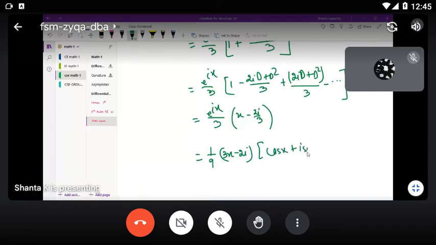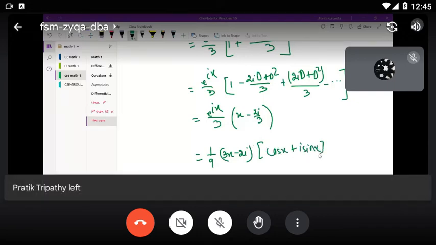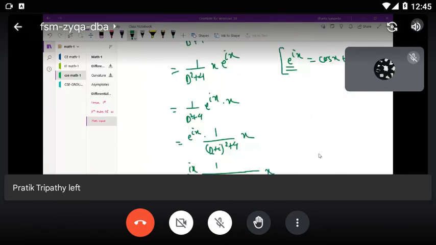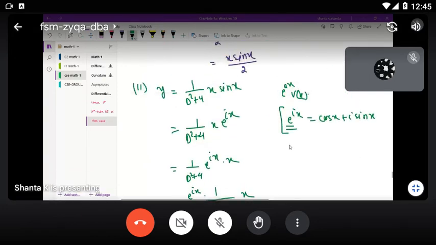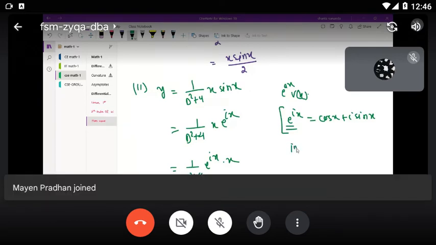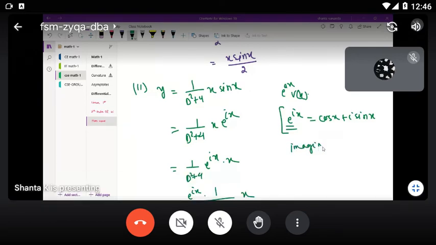Now here we have sin x in the question, so the imaginary part of the PI of e power ix will be the PI for sin x.